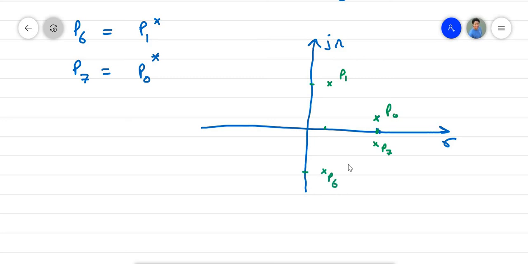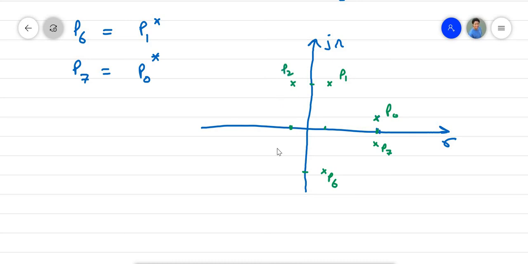Now if we move towards P2, we know the real part of P2 is minus 0.383. So it will lie again here, and its imaginary part is 0.924, which will lie at this point. So this value is P2.